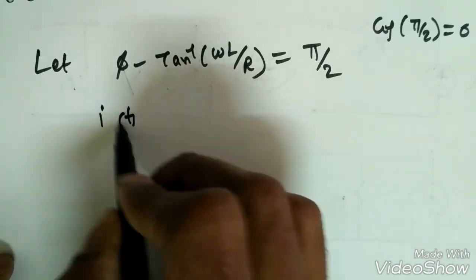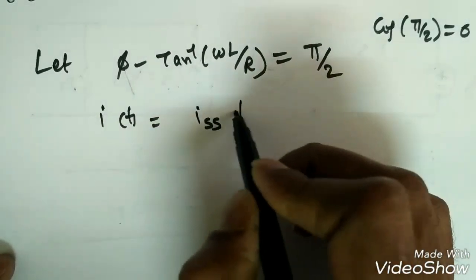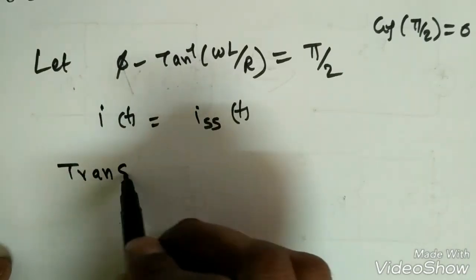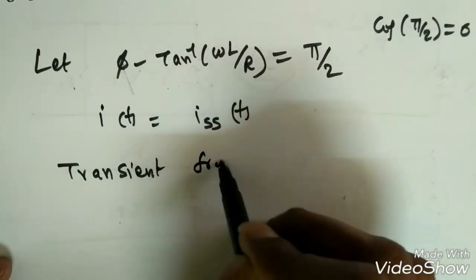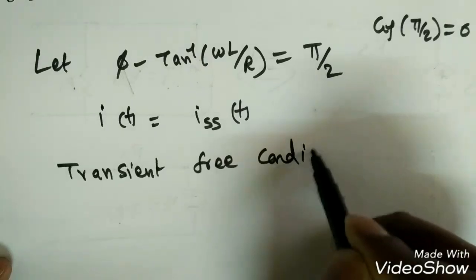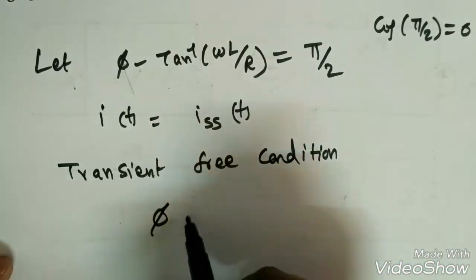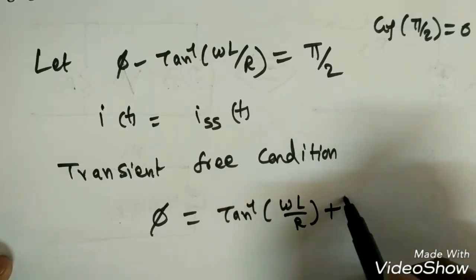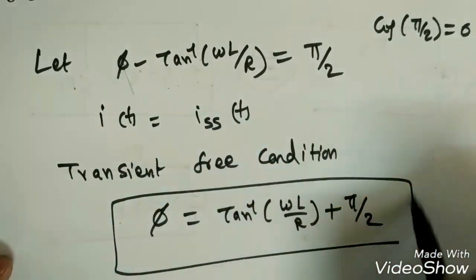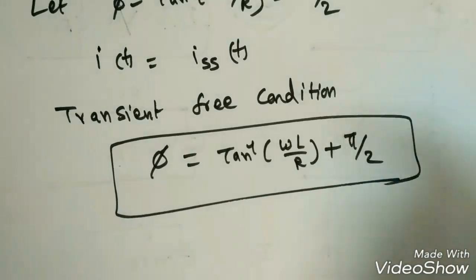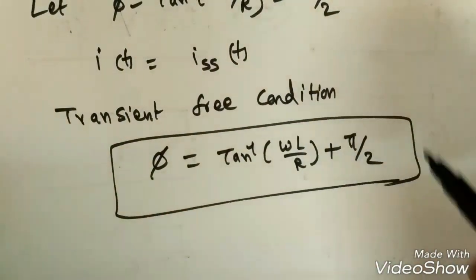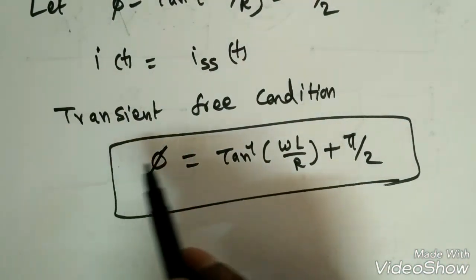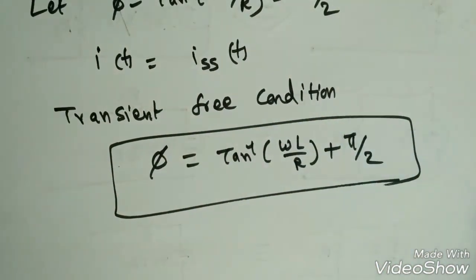That means i of t will become only the steady state response. So what is the transient free condition when we apply the cos signal? The transient free condition is phi is equal to tan inverse omega L by R plus pi by 2. Only when we apply the cos signal, plus pi by 2 will be added. That's it. Right? So same for RC network, etc. So these are the two conditions for sine signal and cos signal.